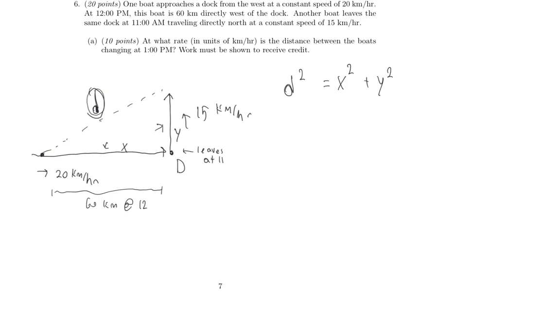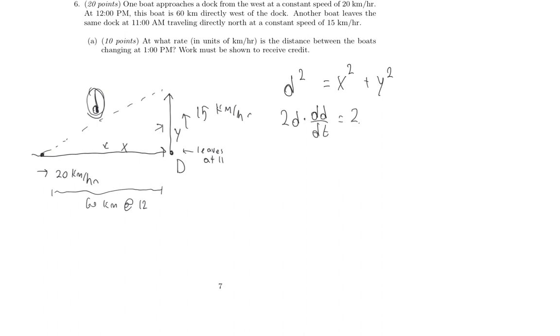When we're trying to find related rates, we have to take a derivative, and every time we take a derivative, we'll do it with a d/dt on everything. First, the derivative of d squared: I get 2d times dd/dt.